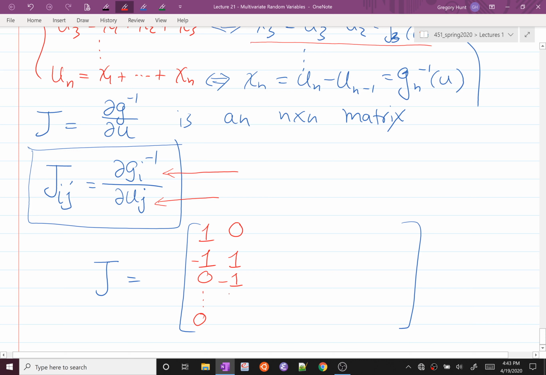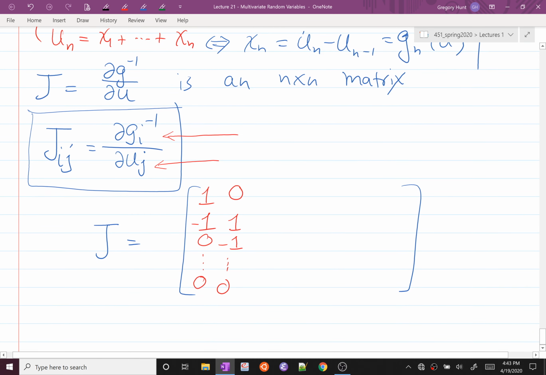And then the rest of this will be zeros because it doesn't show up anywhere else. And in fact, if you complete the pattern, you're going to get 1s on your main diagonal, and negative 1s below the main diagonal. And you're going to get 0 everywhere else if you take the derivative of all those functions.